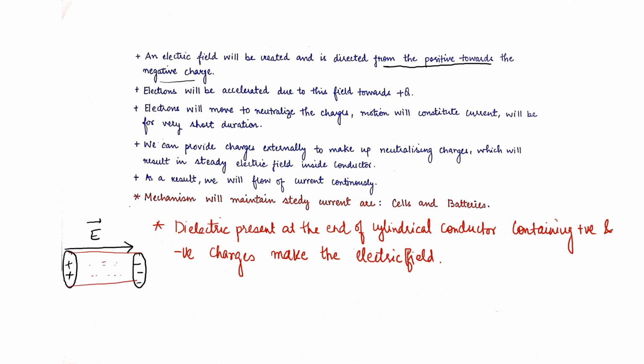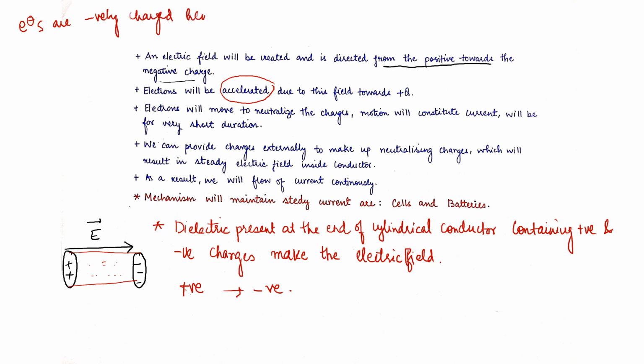Now what will happen? This field will be directed from the positive direction to the negative direction. Electrons will be accelerated due to the field towards plus Q. Now electrons are negatively charged.